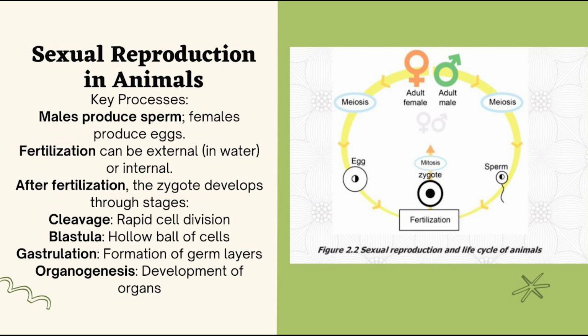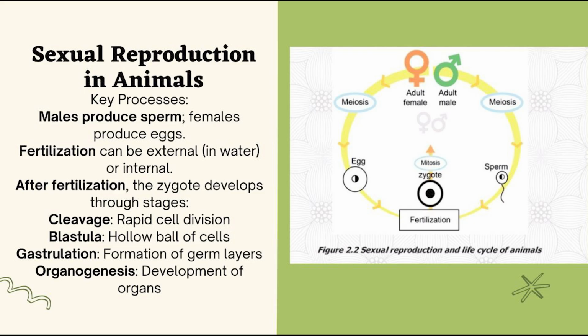After the sperm and egg combine to form a zygote, it undergoes several developmental stages, from cleavage to the blastula and then gastrulation, finally leading to organogenesis, where organs form, and diagrams on your screen illustrate these fascinating journeys.